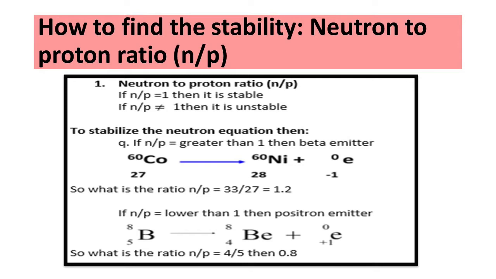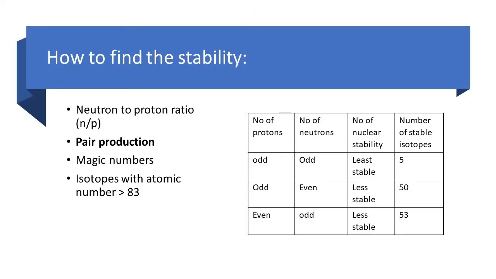If the ratio is less than 1, then you need a positron emitter to stabilize the element, okay? Second is the pair production.